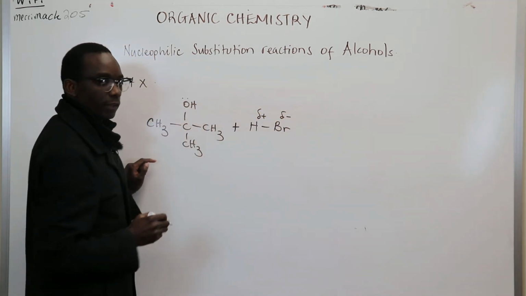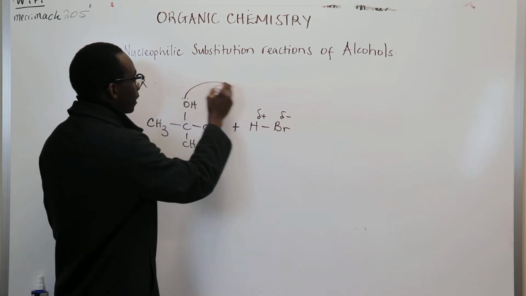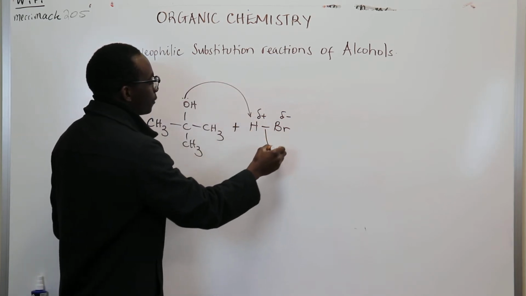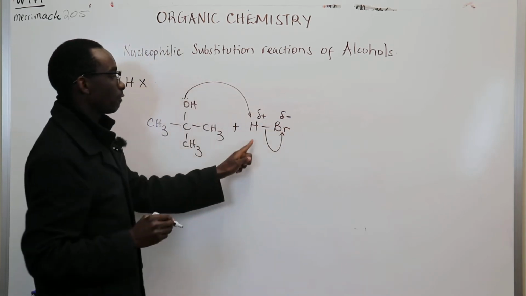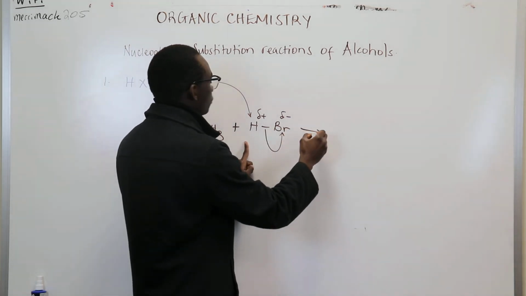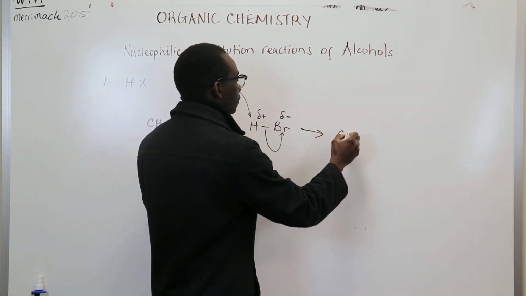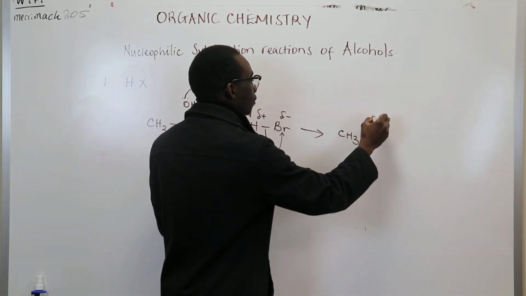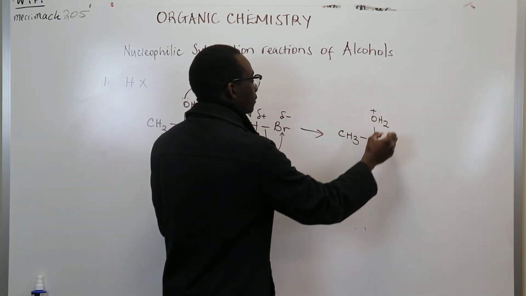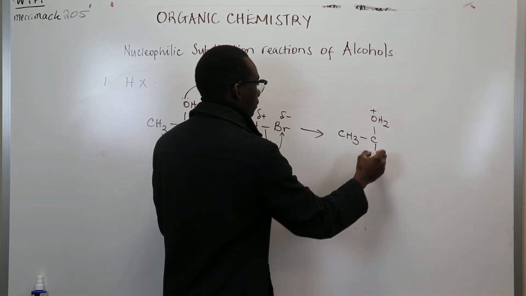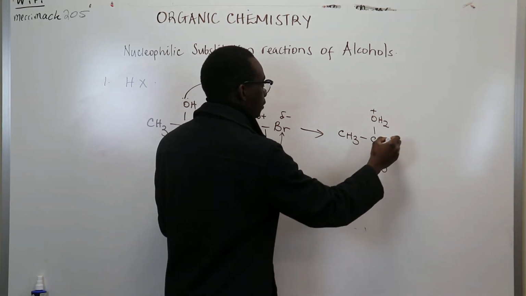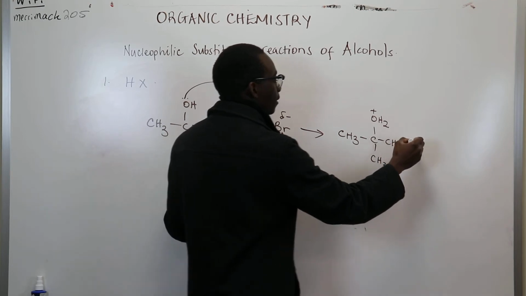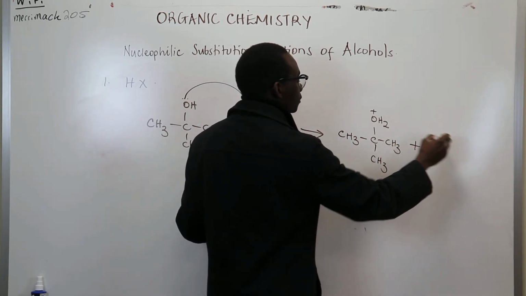The lone pairs of electrons from the oxygen will attack the hydrogen, and this bond breaks off in favor of the Br, and we form CH3COH2CH3 plus the Br minus.